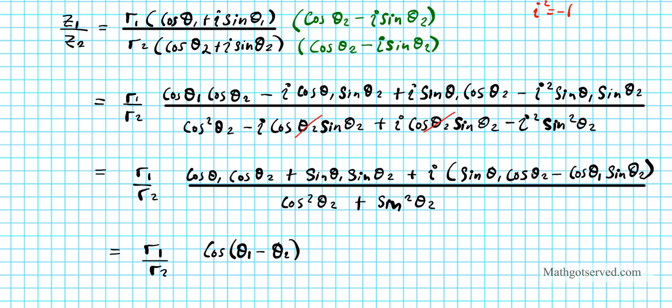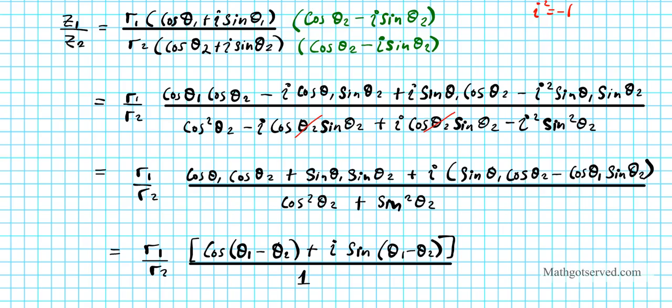And then over here, this is the difference identity for sine, plus i sine of theta 1 minus theta 2. Okay? All right, and then in the denominator, we have the sum of cosine squared and sine squared, and using the Pythagorean identity, that is just 1. Okay, so the denominator becomes 1.